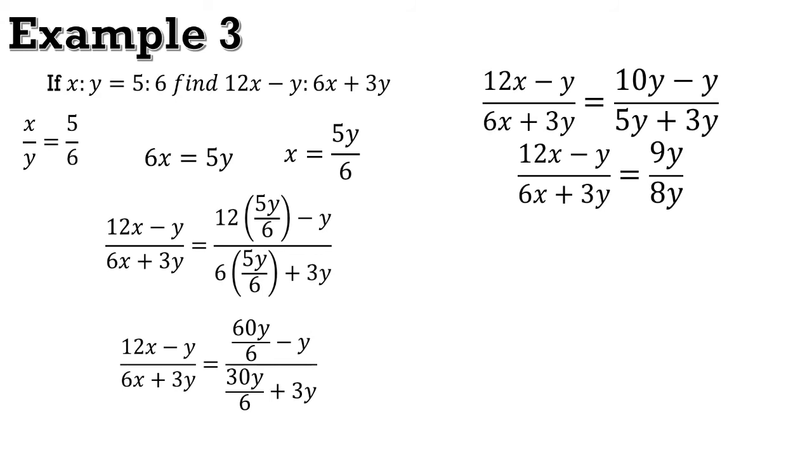And then 5y plus 3y. This will give us 8y. So, pwede na natin i-cancel naman dito yung variable y. This will give us 9 over 8. So, that means the value of 12x minus y is to 6x plus 3y is 9 is to 8.